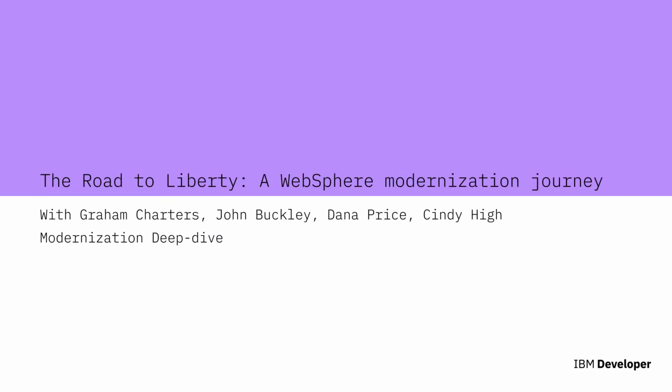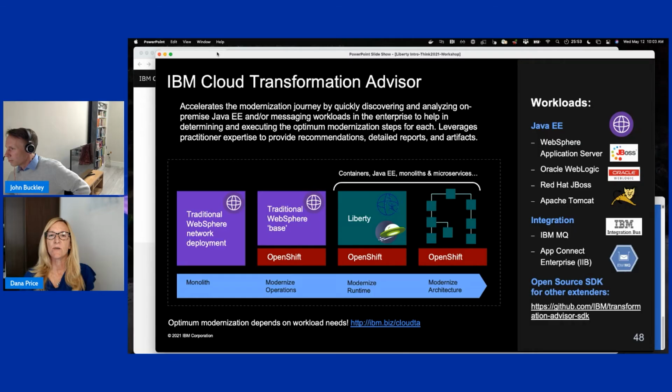Running today, and gives insights taking into account their technology needs and also the configuration around them, so that we can determine what it would take to move to your destination cloud. So we're talking about moving to Liberty.